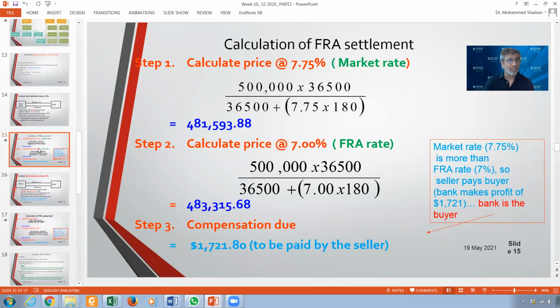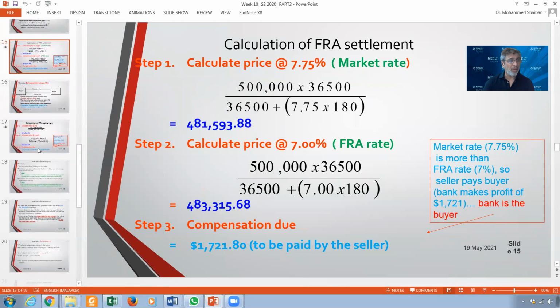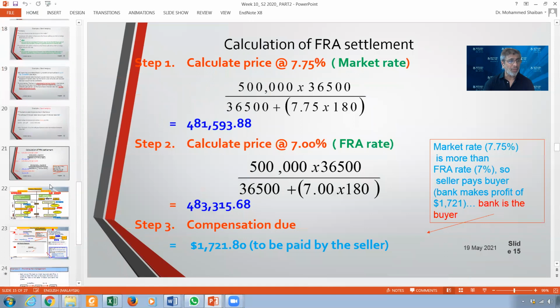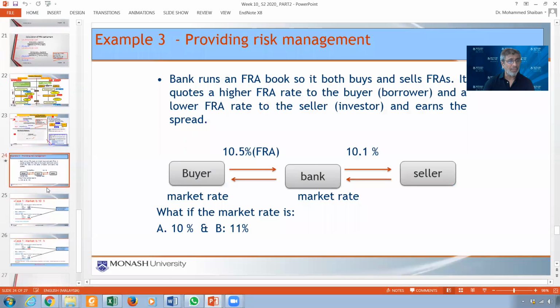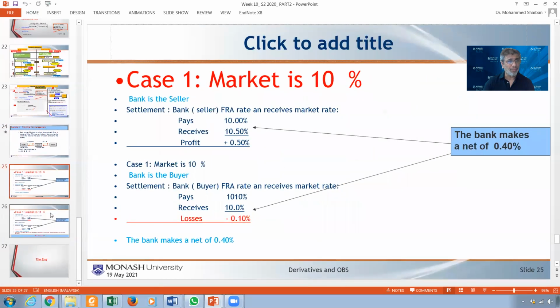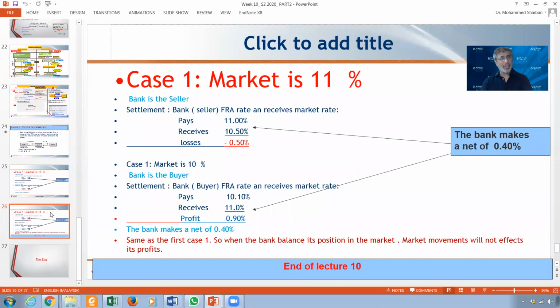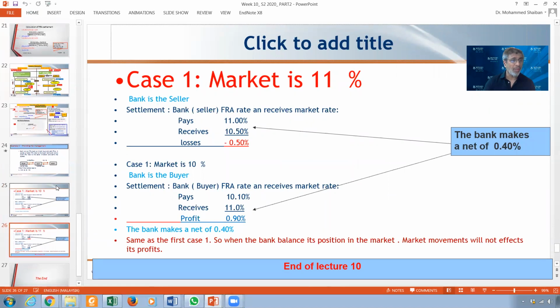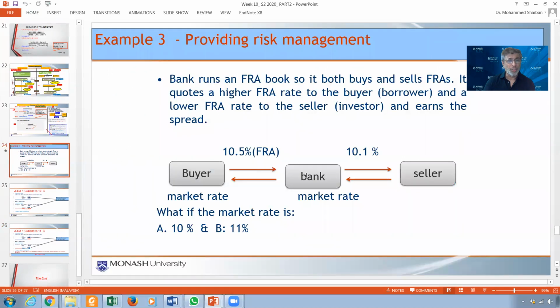But if you look at the calculation, we did some calculation for the FRA. You have to understand when you are a buyer or when you are a seller, and when you are making some trading, so when the bank is serving both sides in the middle. We have discussed this in the tutorial and in the lecture.